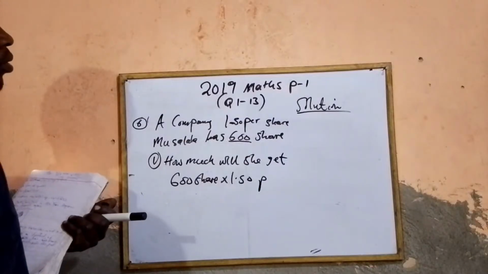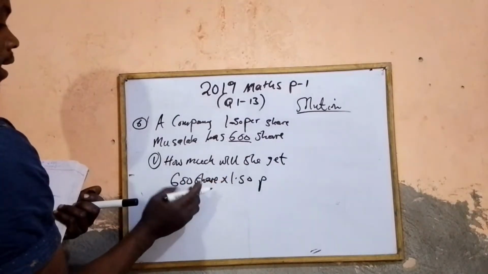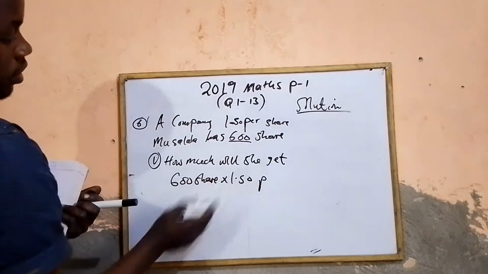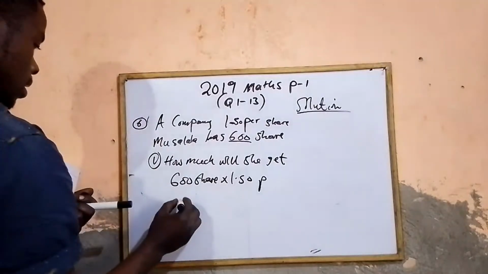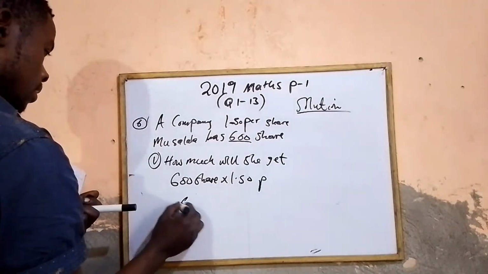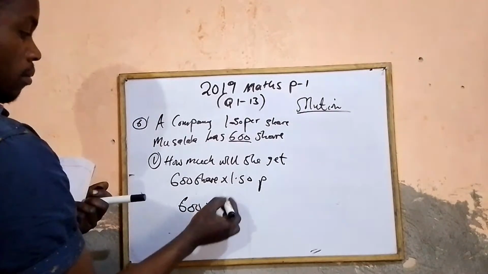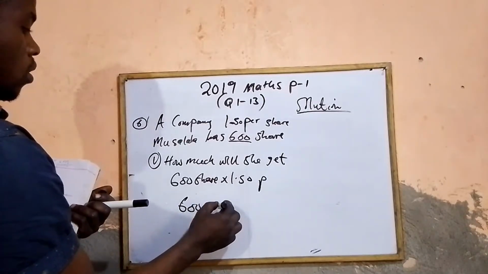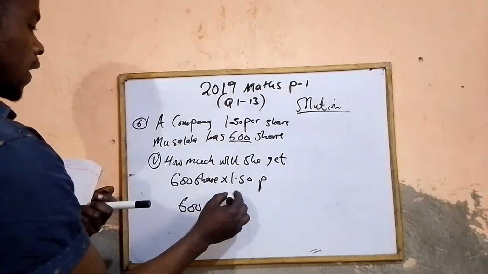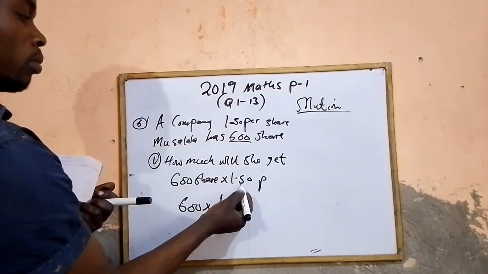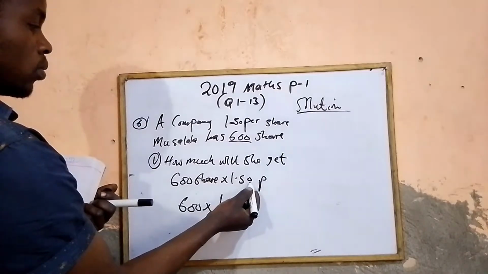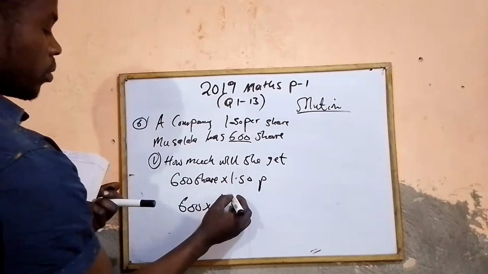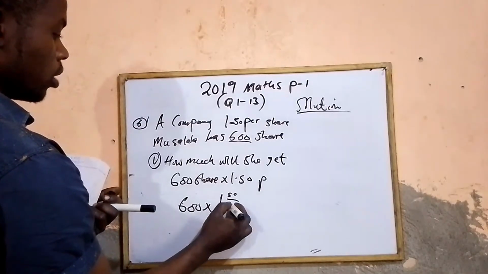The easiest way of multiplying this number with a decimal is to do it like this: 600 times, because this is the same as one whole number plus 50 out of 100.